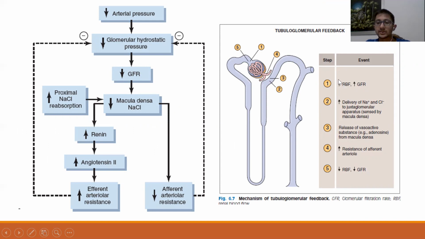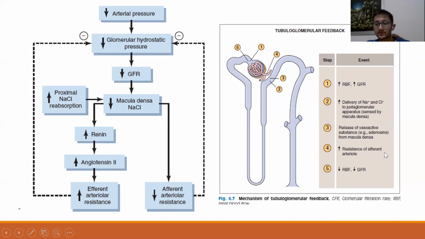So if there's increased blood pressure, there would be increased glomerular filtration rate. So an increased amount of sodium and chloride is delivered to the juxtaglomerular apparatus, that's sensed by the macula densa, as we spoke about. That leads to the release of vasoactive substances from the macula densa. So vasoactive substances would increase the resistance of the afferent arteriole.